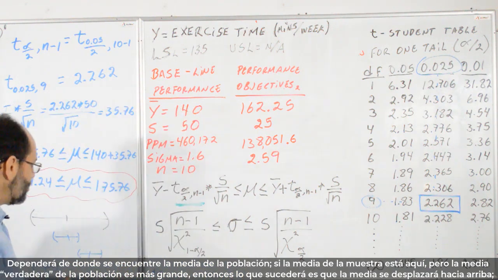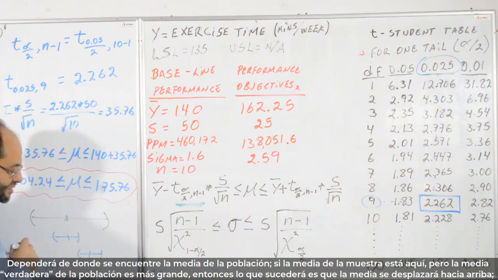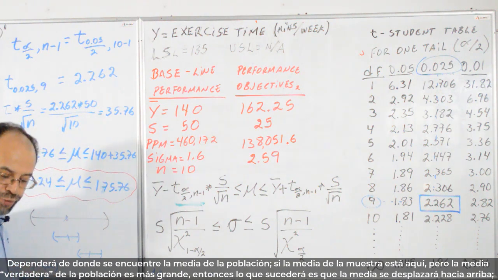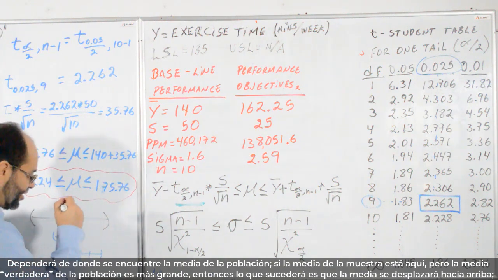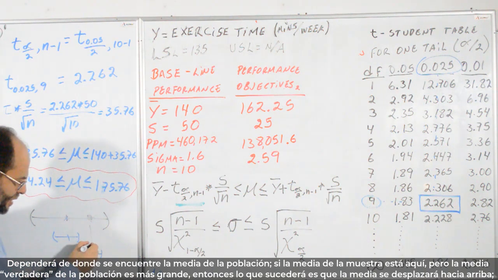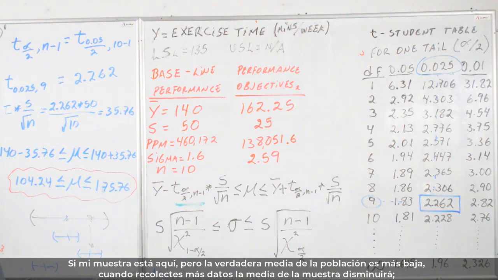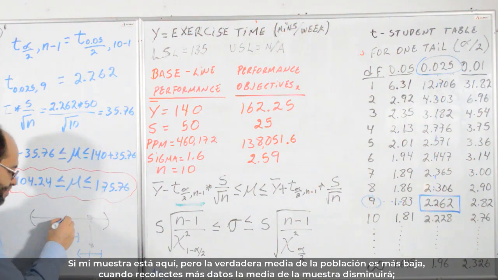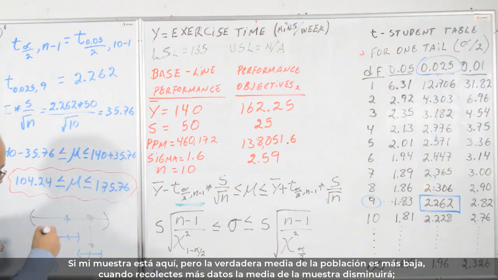If the mean of the sample was this, but the actual mean of the population is here, then what's going to happen is this one. If my sample mean is here, but the actual mean of the population is here, when you collect more data, then this is what's going to happen.